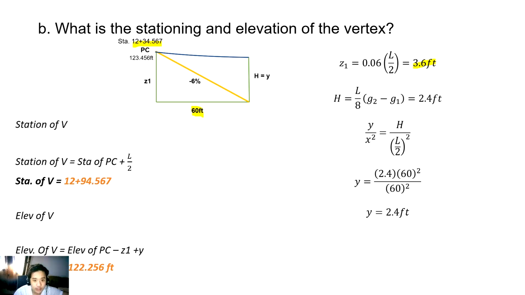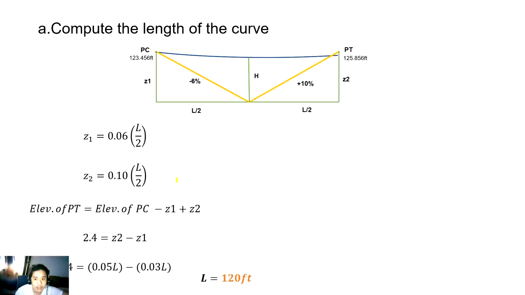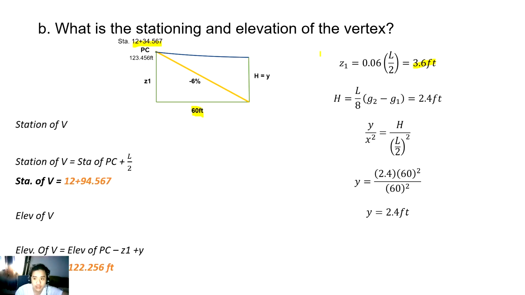So, 0.10. Tama ba? Okay, ito. Ito siya. G2. Then, ang G1 natin is ito, 6%. Bakit siya ganon? Since siya ay sa curve, kaya ganyan yung nagamit natin na format. So, ayun na nga. So, pag nasolve na natin sila, magiging 2.4 feet.